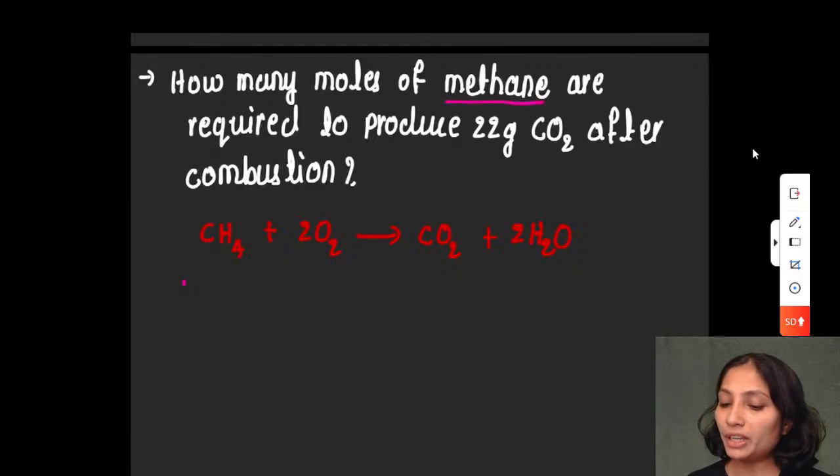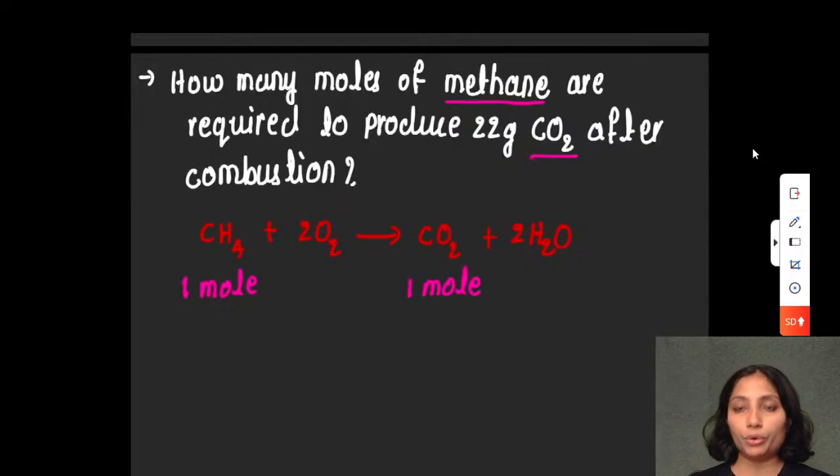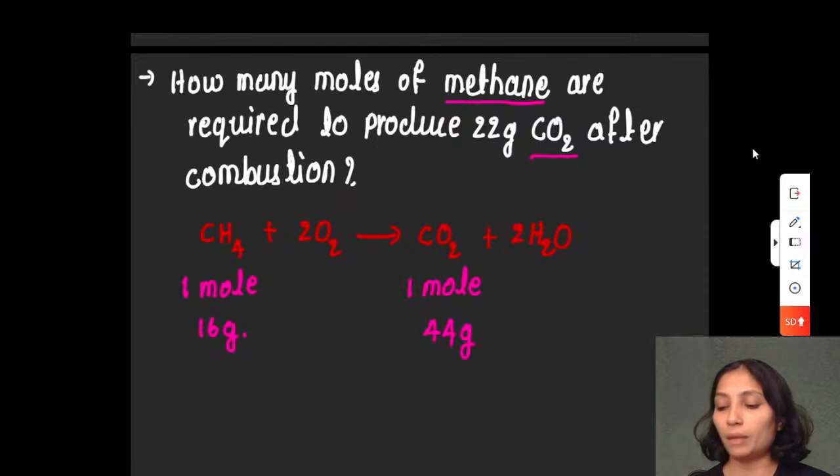I want the relation between methane and carbon dioxide. 1 mole of methane producing 1 mole of CO2. And what is the mass of 1 mole of methane? 1 mole of methane is weighing 16 gram, and 16 gram of methane is producing how much gram of CO2? Mass of carbon dioxide: carbon is 12, oxygen is 16 into 2 oxygen atoms. Total it is 44 gram. 16 gram of methane is producing 44 gram of CO2.